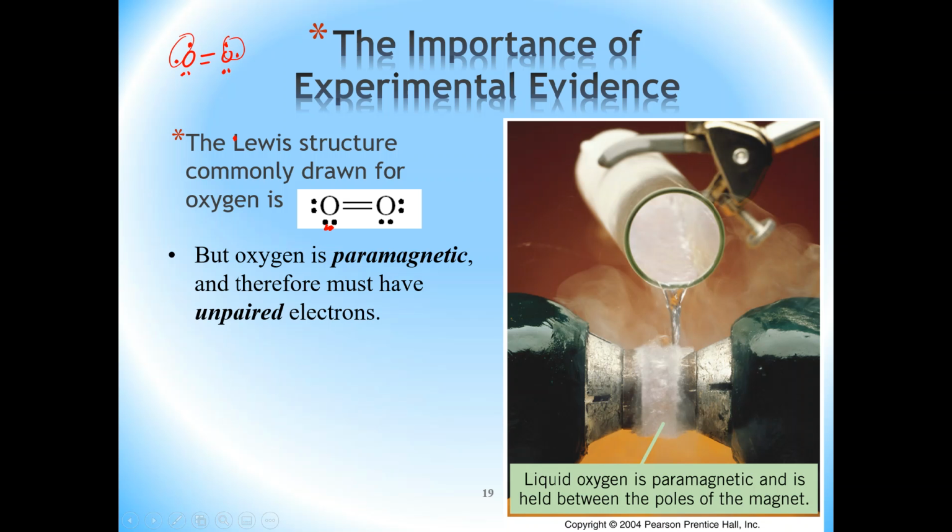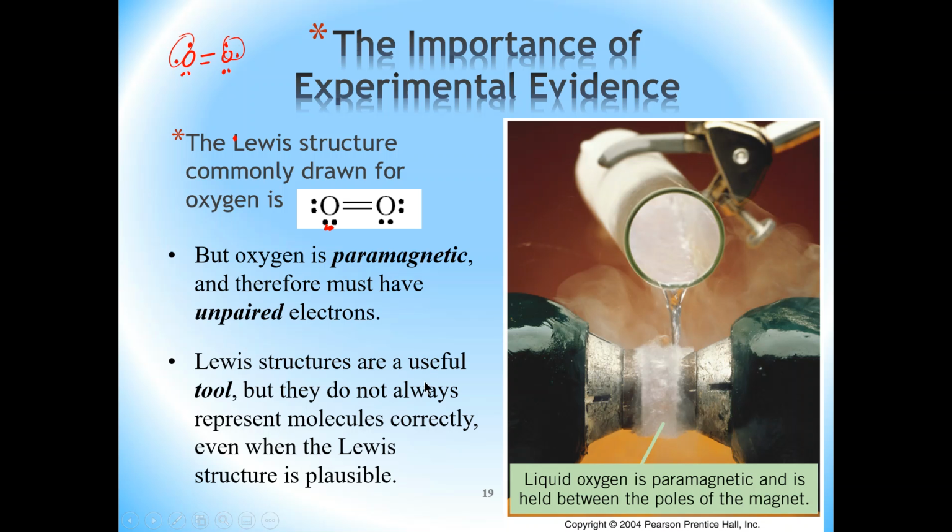Okay, so that's an example of the importance of experimental evidence. You might have a theoretical explanation for one thing, and then the evidence proves that the theory that you had before would not be accurate because it doesn't fit with the data that the experiment provides.